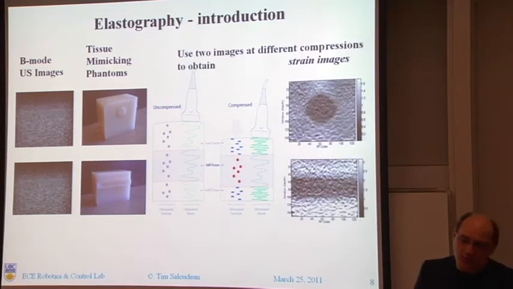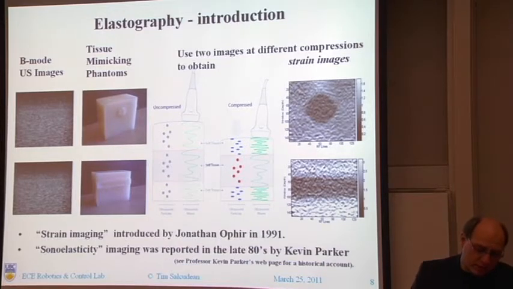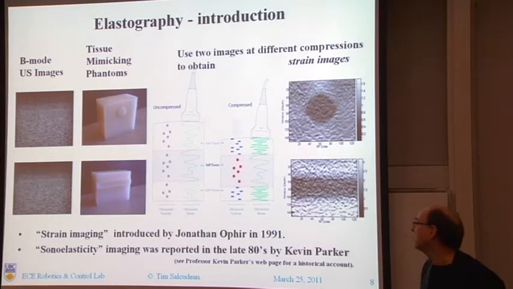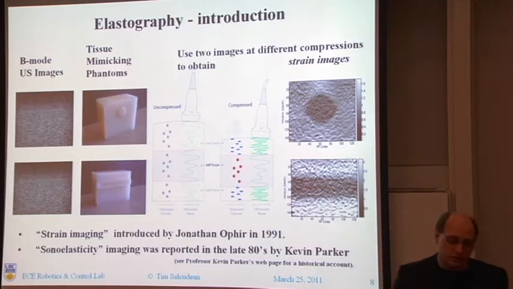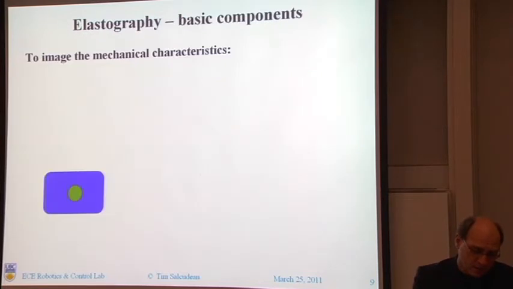And you get what is called a strain image, which really nicely delineates the stiffer enclosures. And there's been some pioneering work in this, sonoelasticity by Kevin Parker from Rochester, super bright guy, and by Jonathan Ophir from University of Texas at Houston.